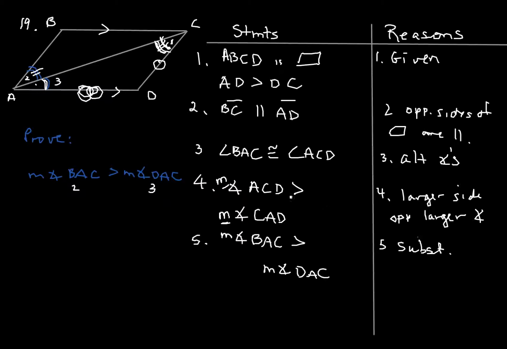Okay, so did you get that? Because this side is greater than this side, this angle is greater than this angle. And because of alternate interior angles, these two guys are the same. So this guy is smaller than him, so he'll also be smaller than him by substitution.